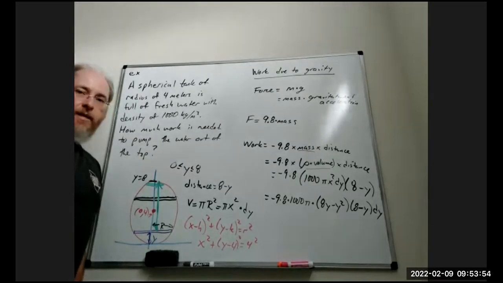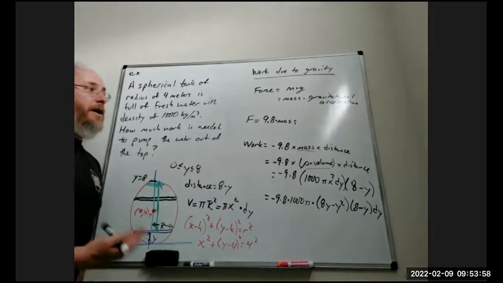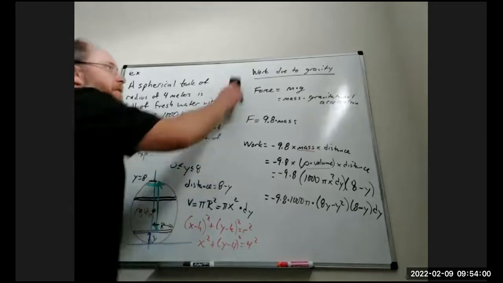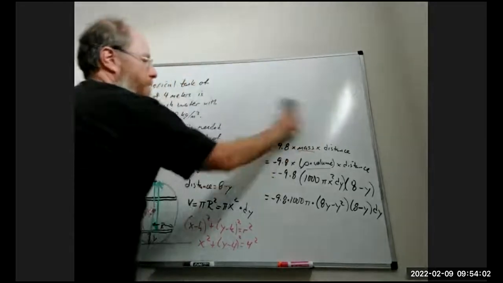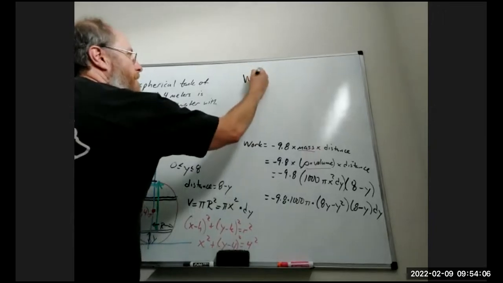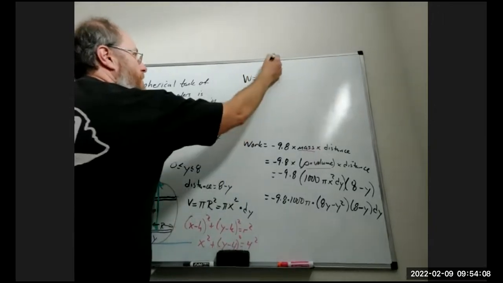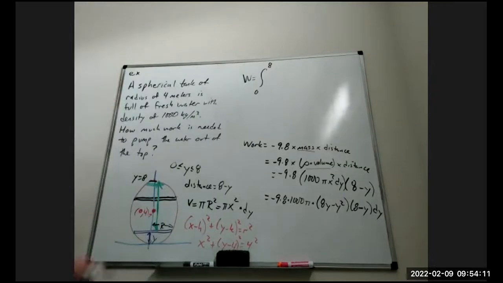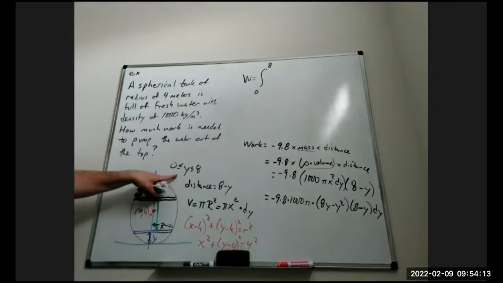Well, cool. That's for one of the slices, but I want all of them. So now I need to add them up, and here's where our integral comes in. Our total work is going to be the integral from 0 to 8, because our y's were between 0 and 8 with this sphere.